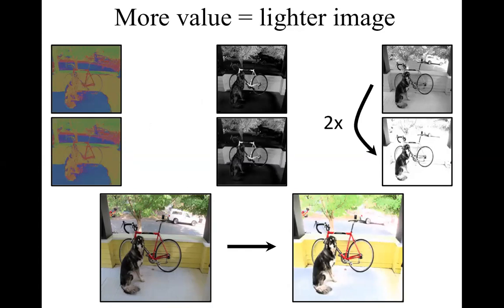If you double the value, so you have hue, saturation, value. Another space that I didn't put here is hue, saturation, lightness. Here you double the lightness, the brightness in your image, so your initial image will look like this one.